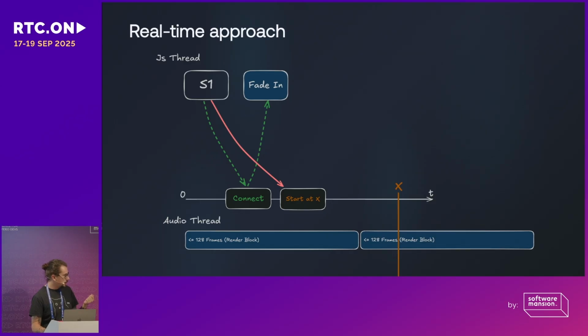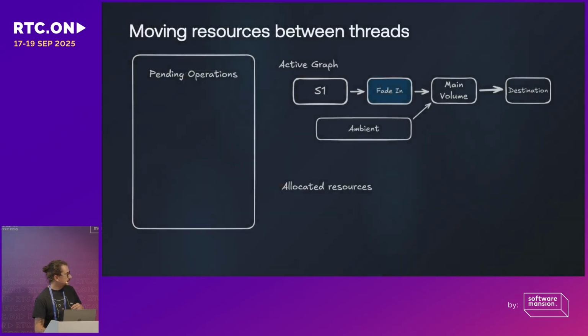And then those commands will be moved to the audio thread in between the render blocks. Thanks to that, we won't be modifying the audio graph while it is processing the sound, which would again create some glitches. In the next step, let's check how the graph is modified in between the render blocks.